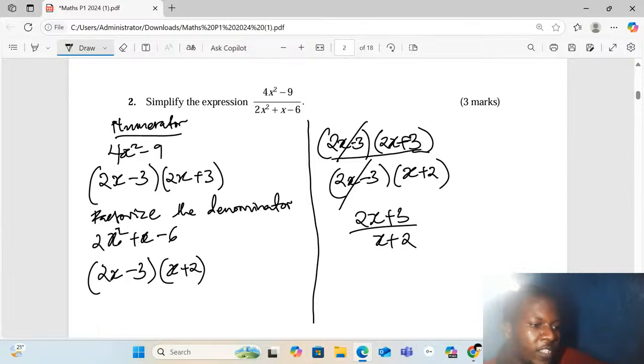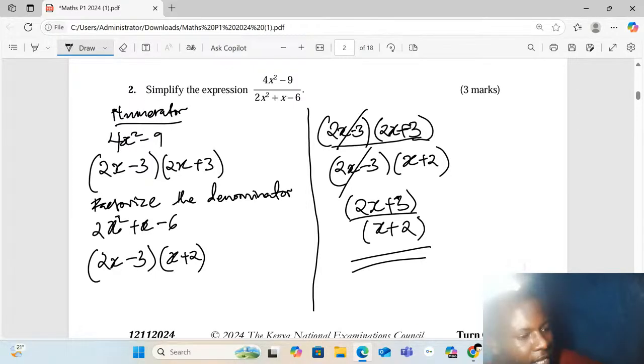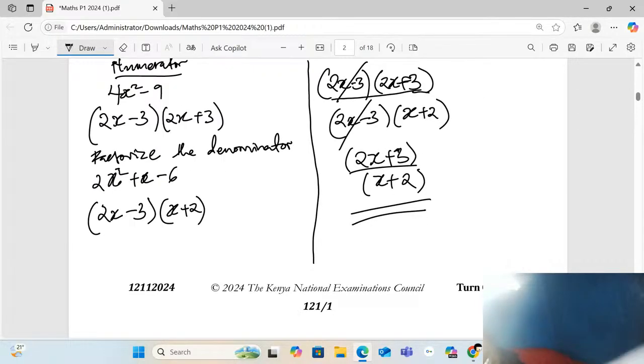Now we've simplified up to this point, so 2x plus 3 over x plus 2 becomes your final answer. You cannot simplify it more than that. That is how you get your 3 marks.